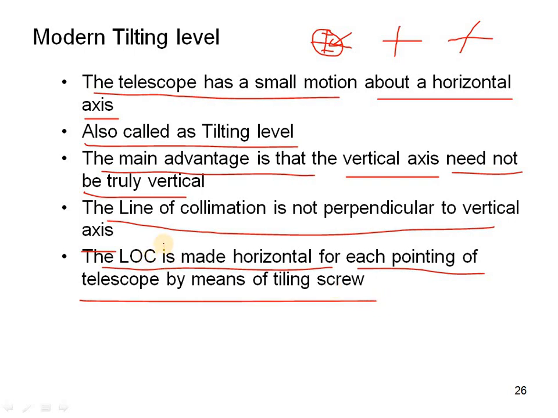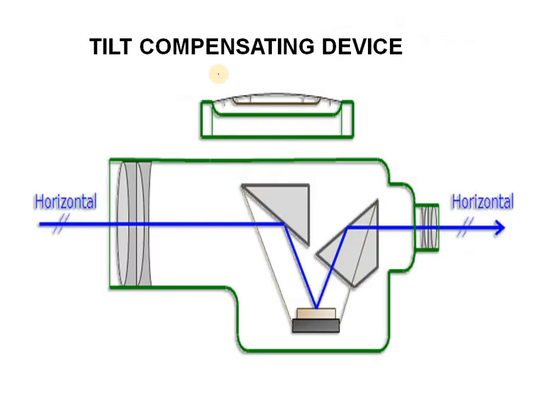With the help of the tilting screw, we can point the telescope at the horizontal points.